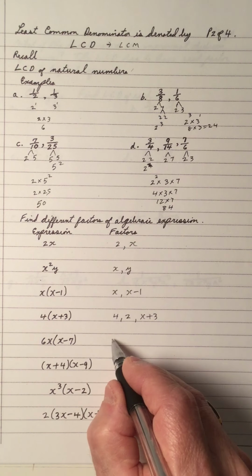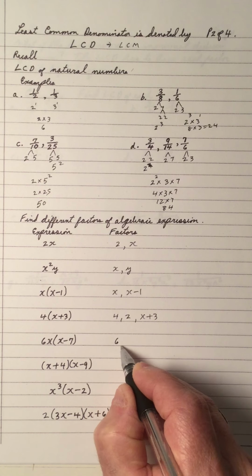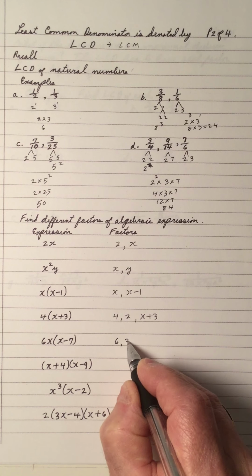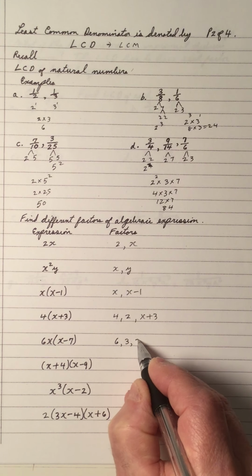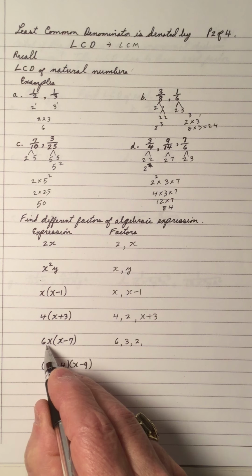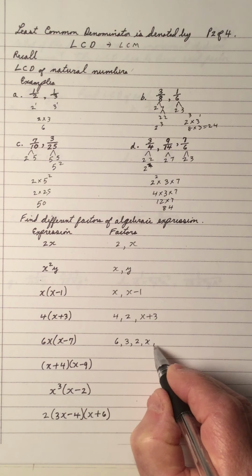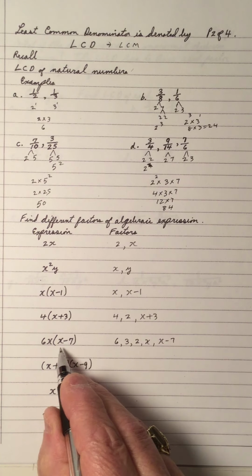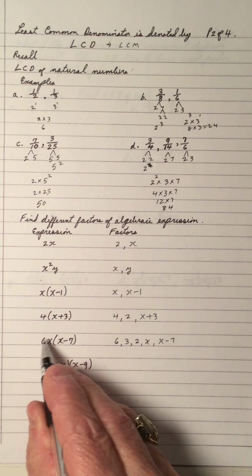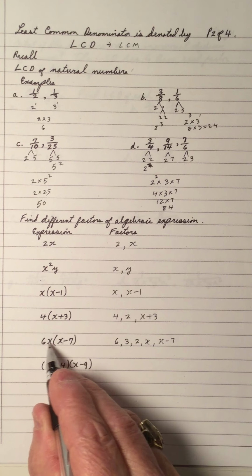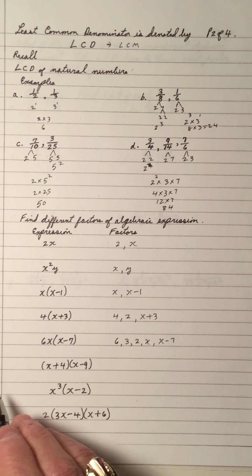One factor is 6. A 6 also has a 3 as a factor and a 2 as a factor. And we have an x and an x minus 7, because x minus 7 is one of the factors that make up this algebraic expression.